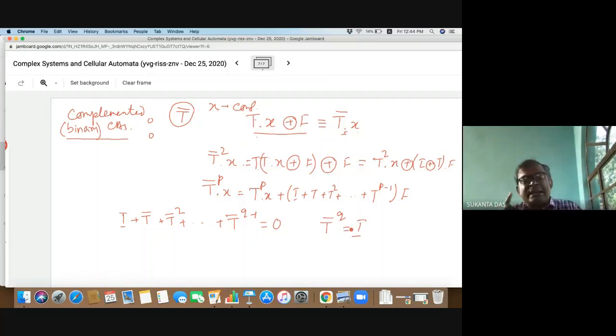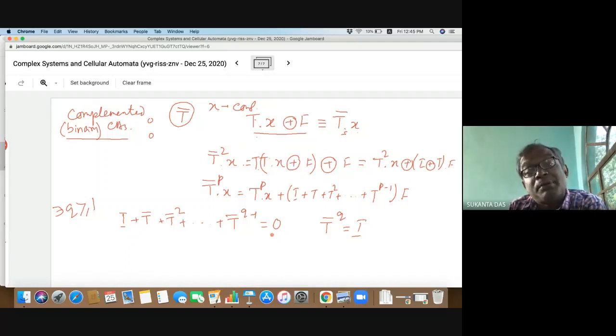I claim that if I want to show that T bar forms a cyclic group, I shall show only these two things: there exists some Q such that T bar to the power Q equals I, so it returns back to the initial position, and the summation is equal to 0.